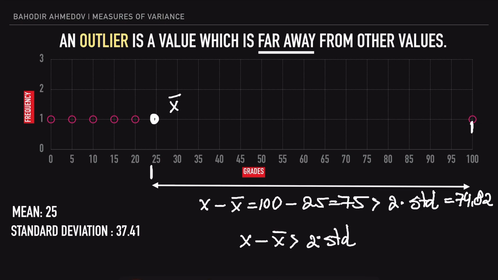So whenever the distance between a point and the mean is bigger than 2 standard deviations or smaller than minus 2 standard deviations, we call this point an outlier. So in this sense, this definition that the point is far away is now defined strictly. So far away means that the point is far away from the mean by more than 2 standard deviations.